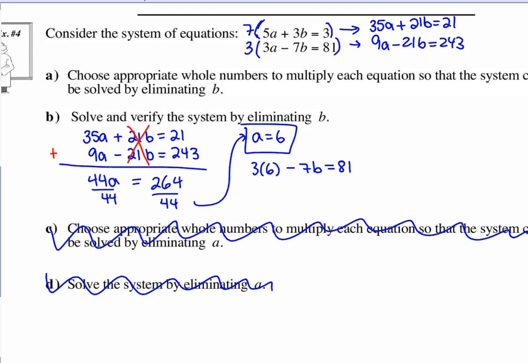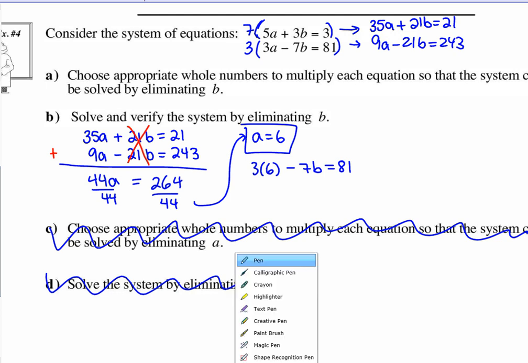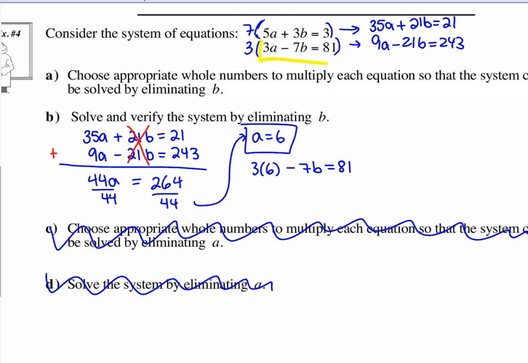I'm using this original equation here. It doesn't matter which one though. 18 minus 7b. Next step. Subtract 18. 81 minus 18. 63?